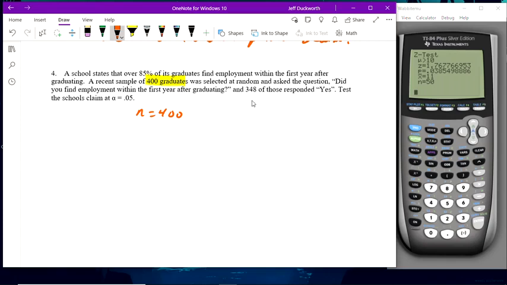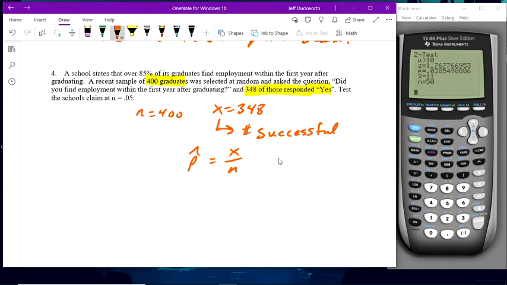This is going to be the letter X. So this is X equals 348. Remember, this is the number successful. P hat is equal to X over n. All right, anyway, test the claim at 0.05.